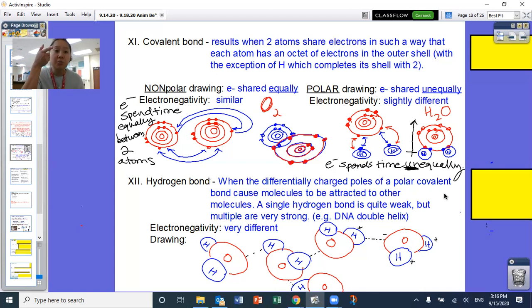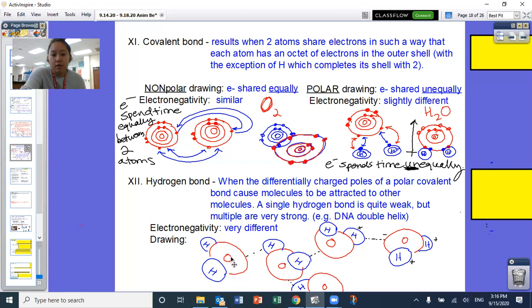Again, hydrogen bonds are only possible because when hydrogen bonds with something, it always forms a dipole if it's not with itself. And when it forms a polar covalent bond, then you can have different molecules actually attracting to each other, because in this picture here, you can see, remember the hydrogen has a kind of positive charge based on this dipole, and the oxygen has a negative charge based on this dipole, right? Because the arrow is pointing to it.